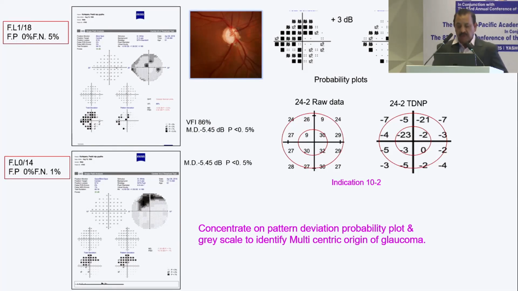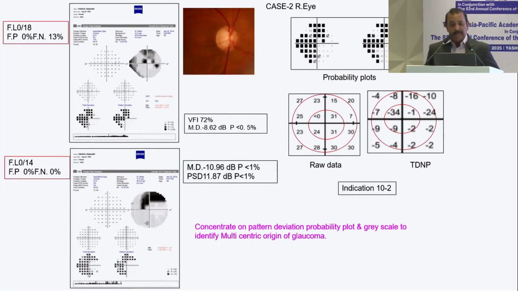So if you follow the grayscale and pattern deviation probability plot, you can pick up multicentric origin of glaucoma. But sometimes the total deviation and pattern deviation may look similar, but the grayscale will help us pick up the multicentric origin of glaucomas.